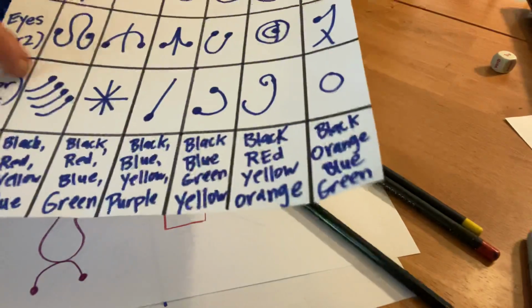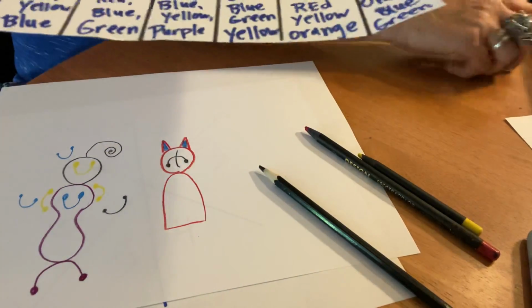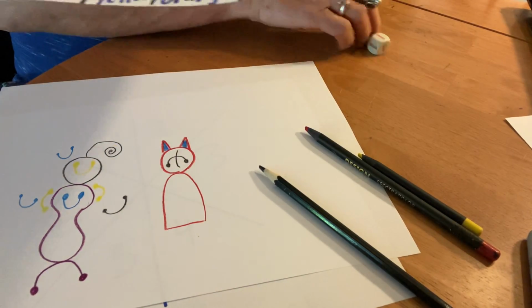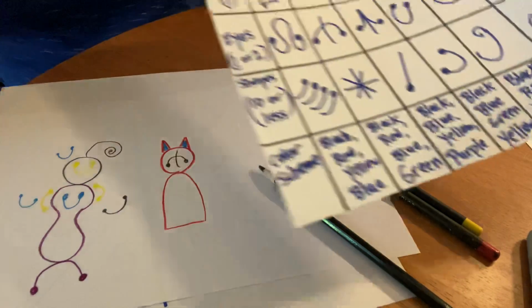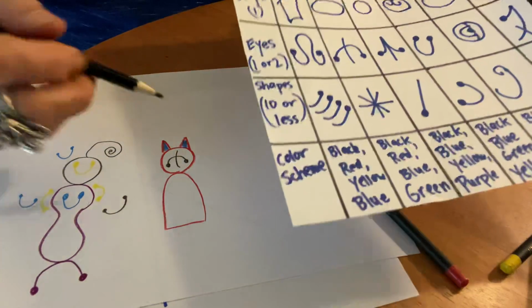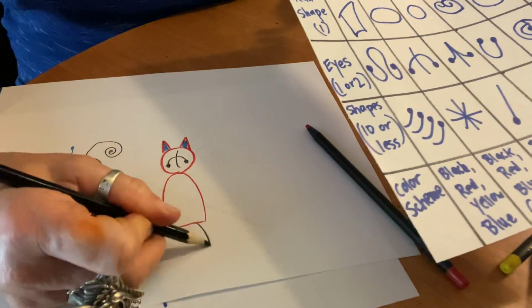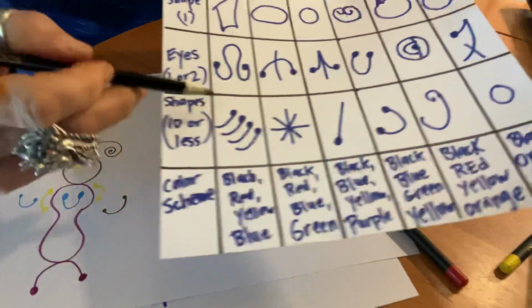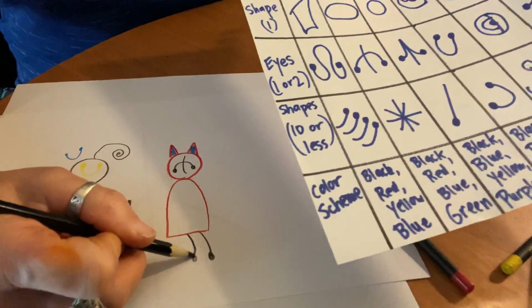Now I'm going for my shapes. Okay, and I have just drawn a 1. So here we go with a 1. I'm going to use these 1s strategically. And I get to use up to 10.